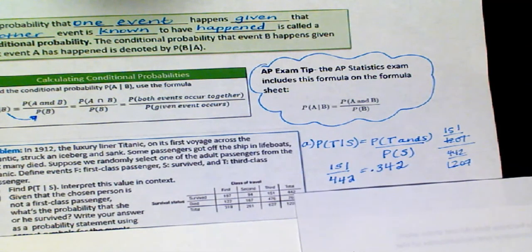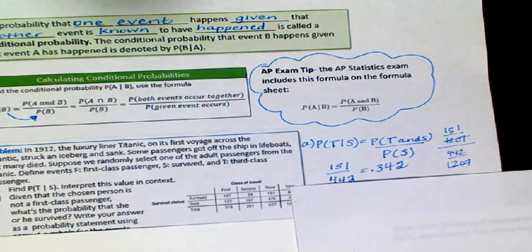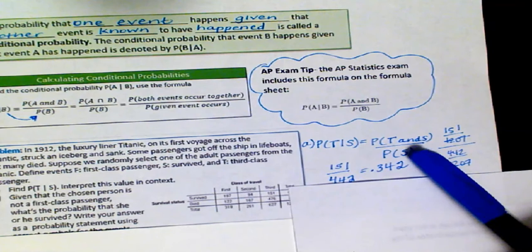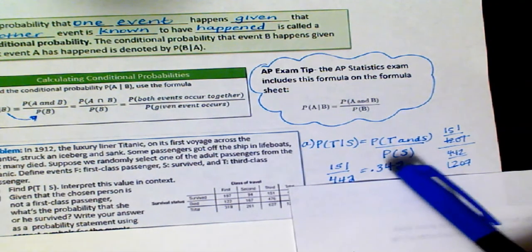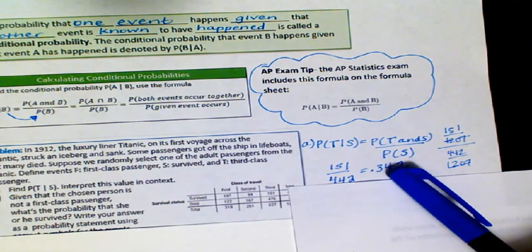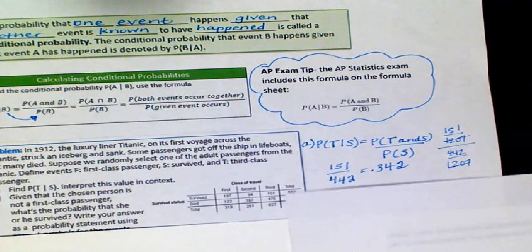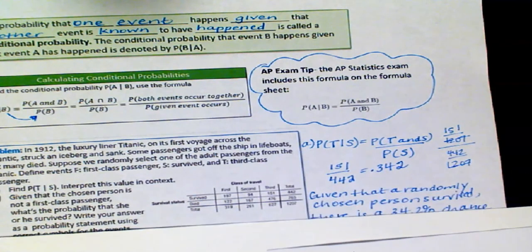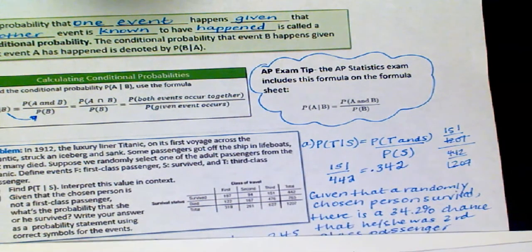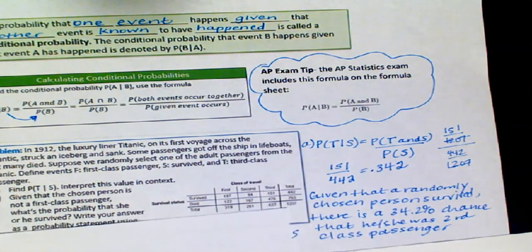So what does that mean? If it asks you to interpret this value, you would say, given that a randomly chosen person survived, because that's the given part, there is a 34.2% chance that he or she was a third-class passenger.